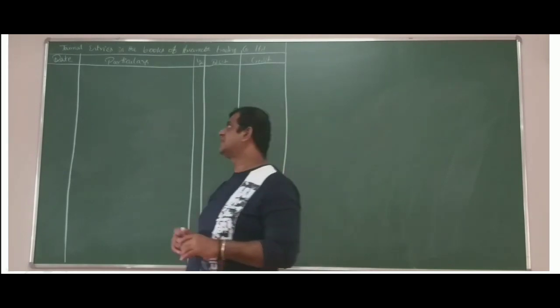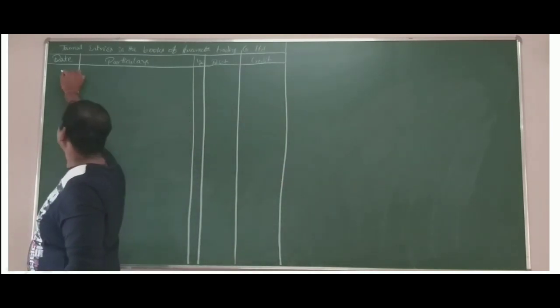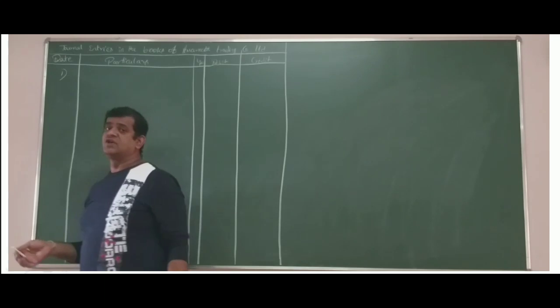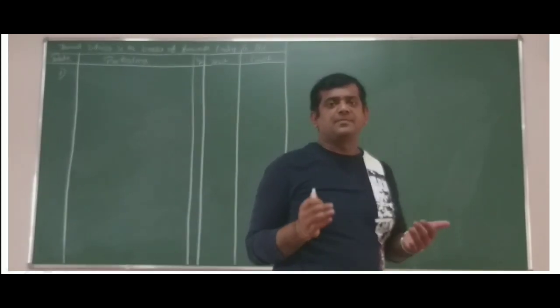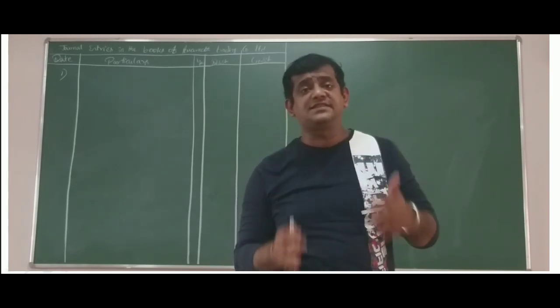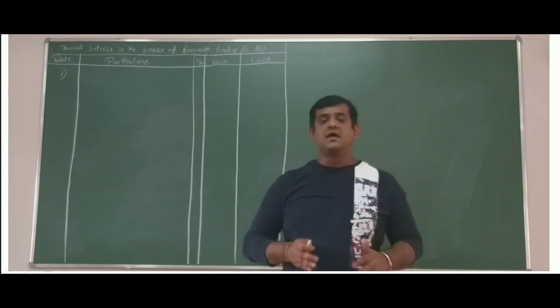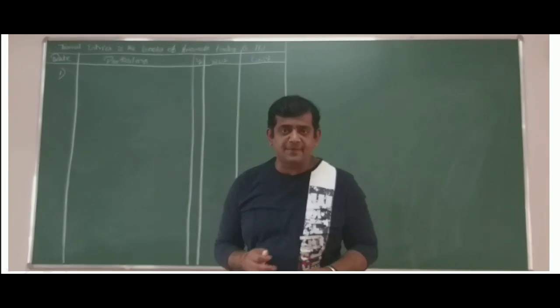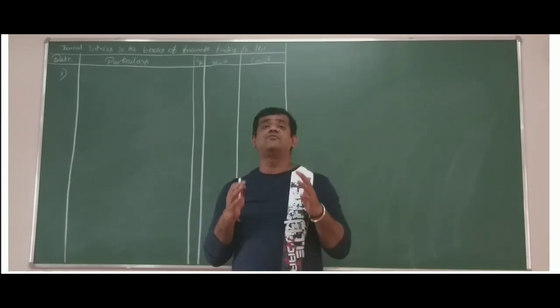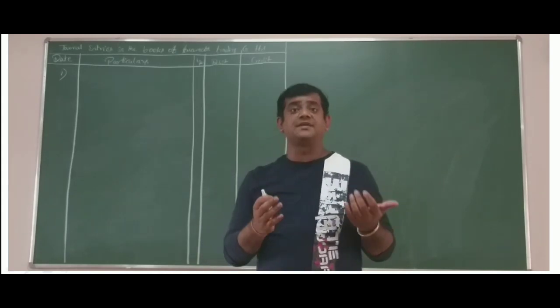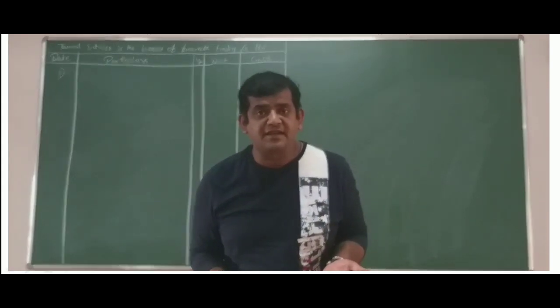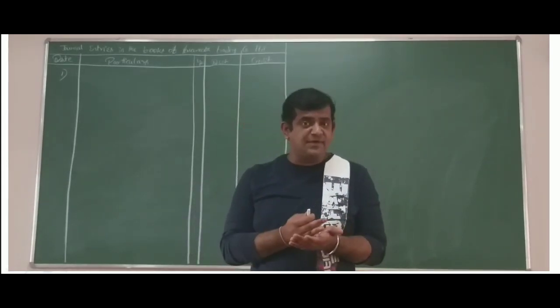The first entry is for the issue entry, that is receiving the cash. Clear? The public have purchased the application. When the public have purchased the application, that means they have paid the money. When the public have paid the money, the company has received the money.